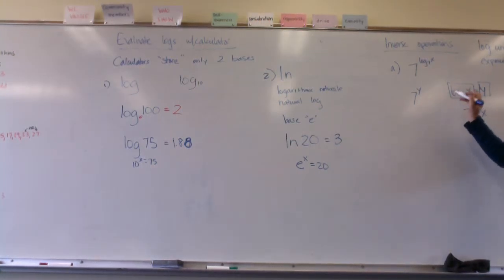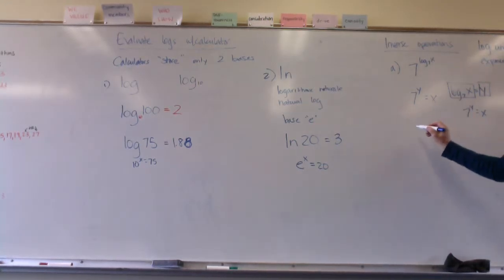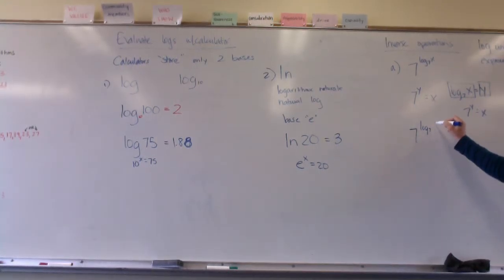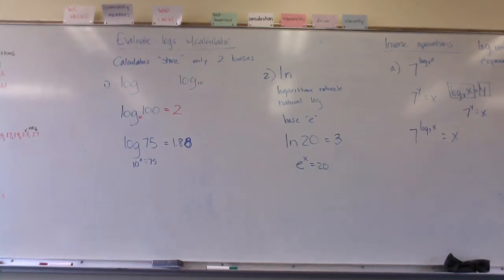So what does this equal? x. Because this log base 7 undid this exponent, and my answer just becomes x. These guys undo each other, and I get x.